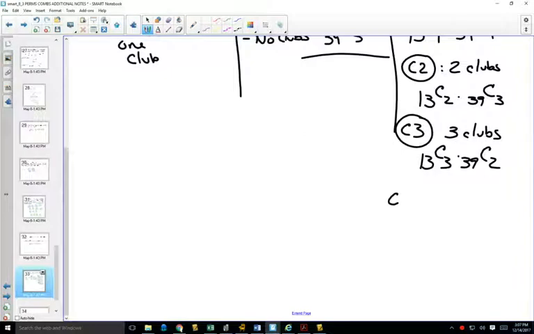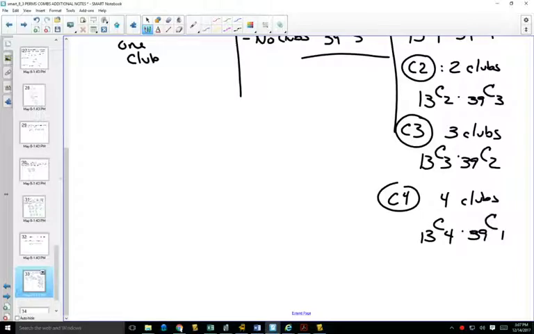How many more cases am I going to have? Case 4, 4 clubs. From the 13 clubs, I choose 4 of them. And then I choose 39 choose 1. And then finally, case 5 is the case where I happen to choose all 5 clubs. Since this is a cases question, I would figure out each of those separately and add them up to get my answer.